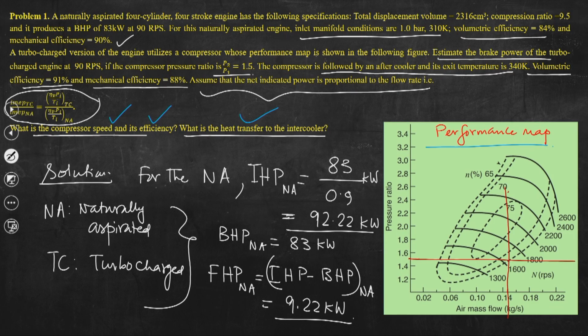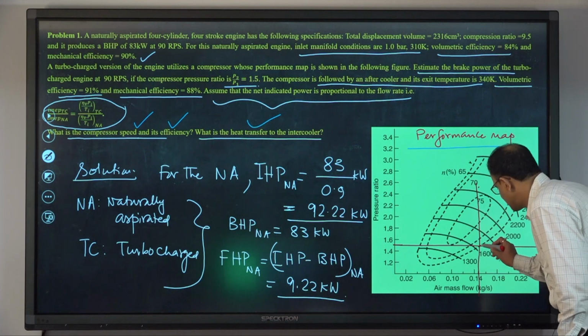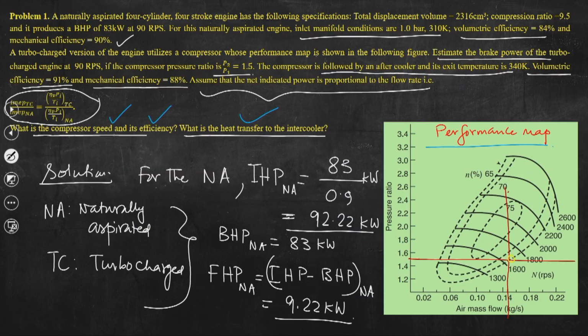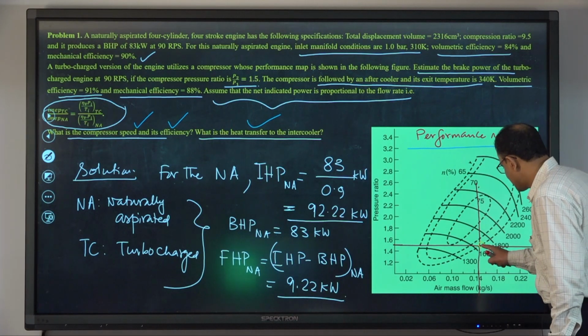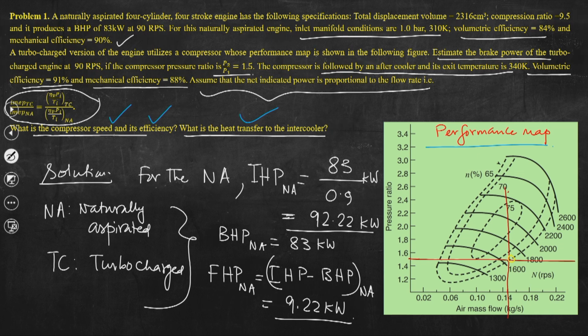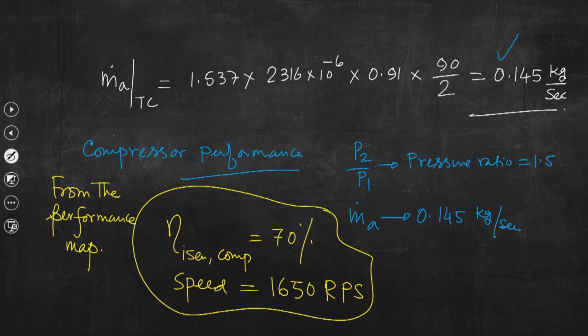I could not draw these two lines perfectly parallel to the y axis and x axis, so the point could not be identified properly, but it is close to here. Efficiency will be close to 70% and speed a little higher than 1600, that is 1650 rps. So, if I go to the slide where I have already mentioned, these are approximate values.